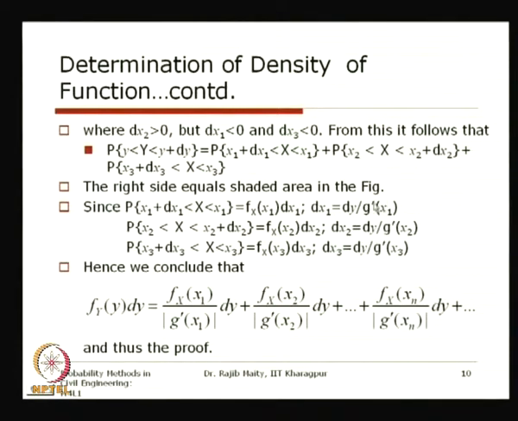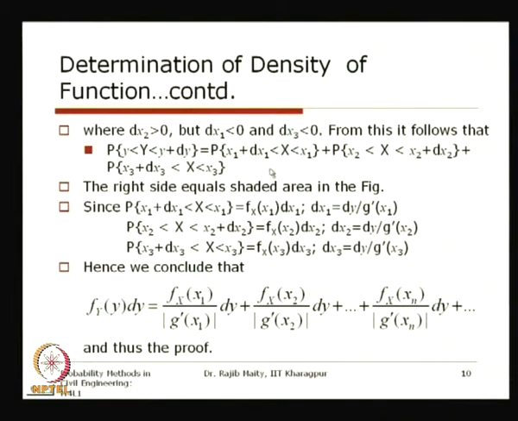Now if we take this equation, this is the total probability for the function y, which is again what? This is the probability density multiplied by the small length, which is dy. So the density multiplied by this small length is equal to the probability of y to y1.